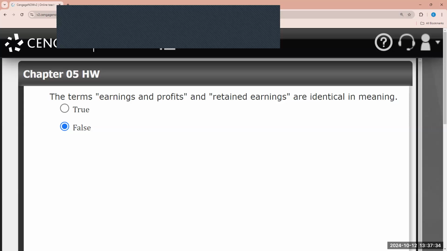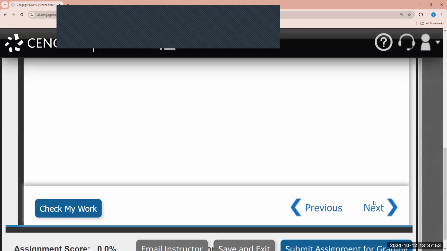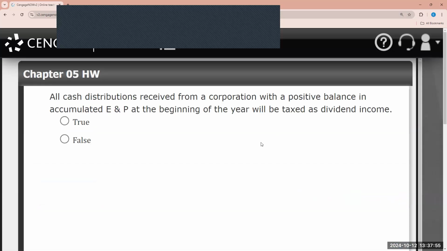The computation of retained earnings is based on financial accounting rules, whereas earnings and profits is ultimately dependent on tax laws. Earnings and profits, again, is a measure of economic income. It determines the corporation's dividend paying capacity.